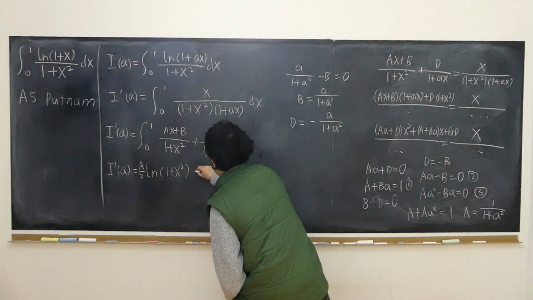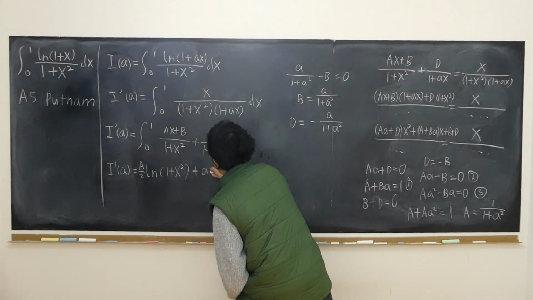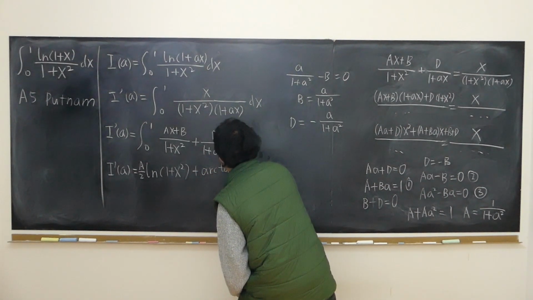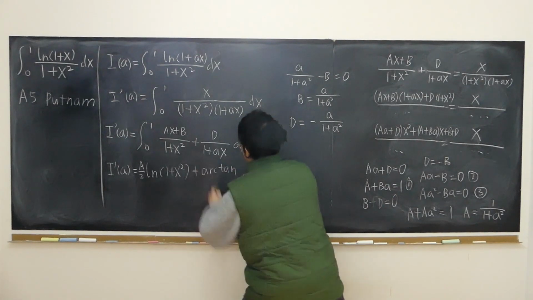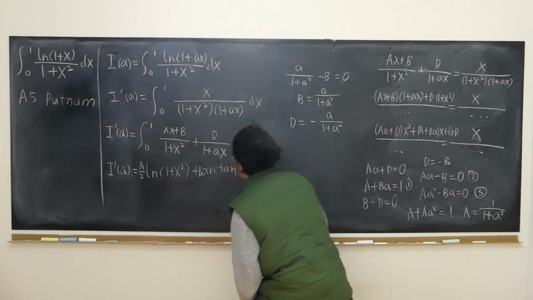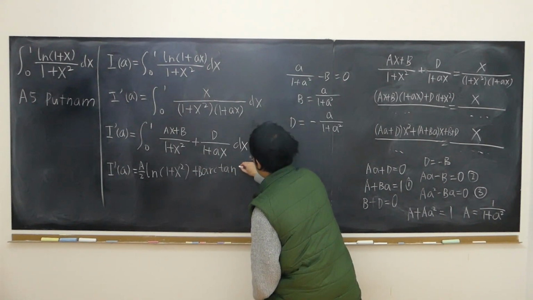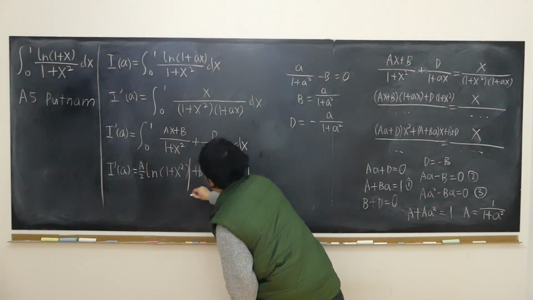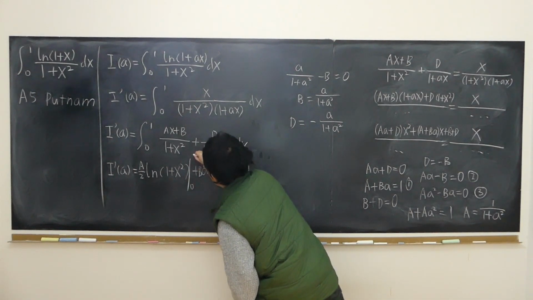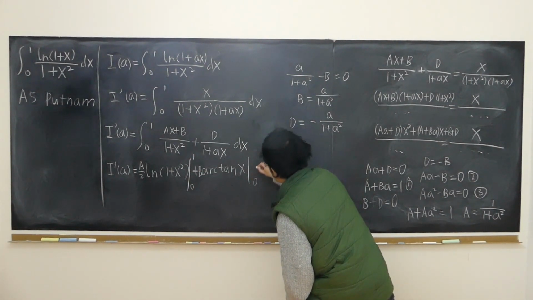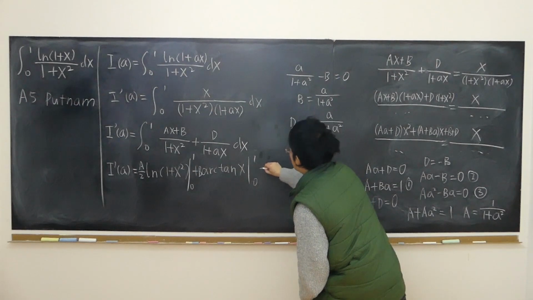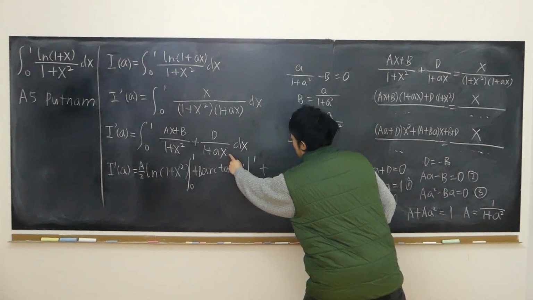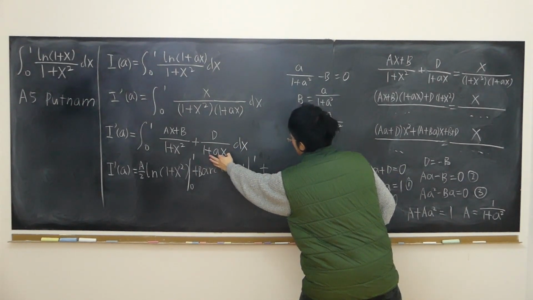Here, capital B over this quantity should be easily arctangent. Don't forget the constant B, so B times arctangent x, evaluated from 0 to 1. Plus d over 1 plus ax, where d is a constant. This is simply also a logarithm.